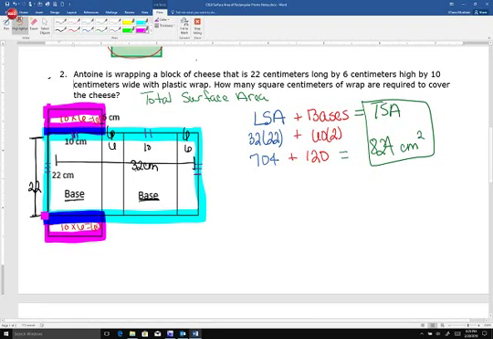So with this, I'm able to find the lateral surface area. I was able to find the area of the bases. The lateral surface area plus the area of the bases does give me the total surface area. Do we have any questions at this time?